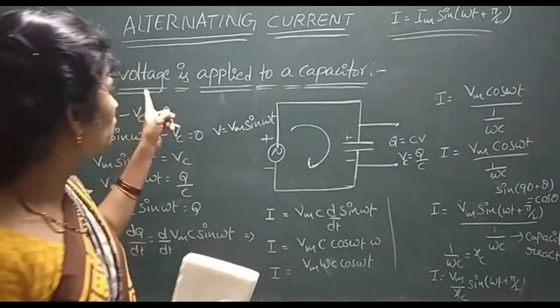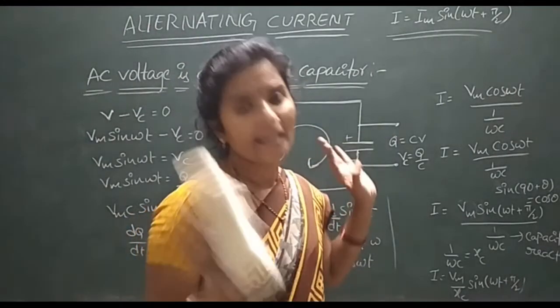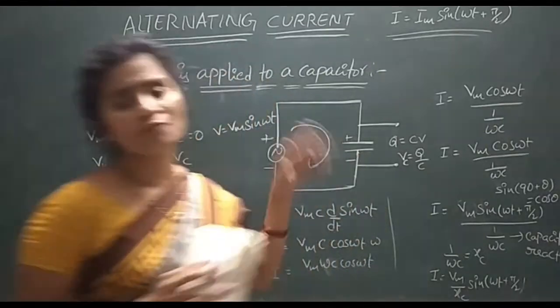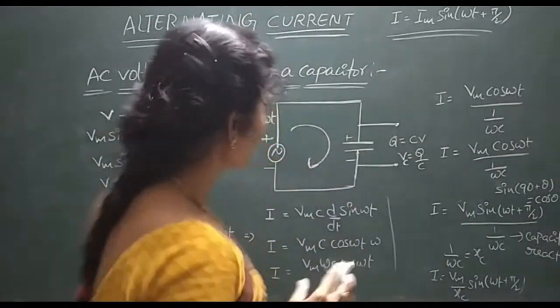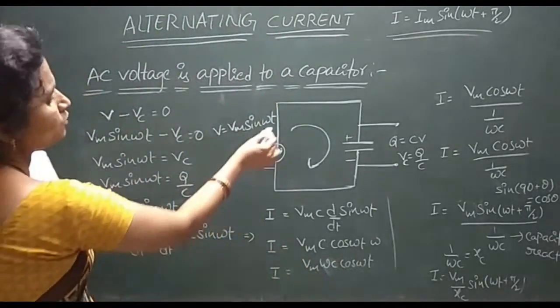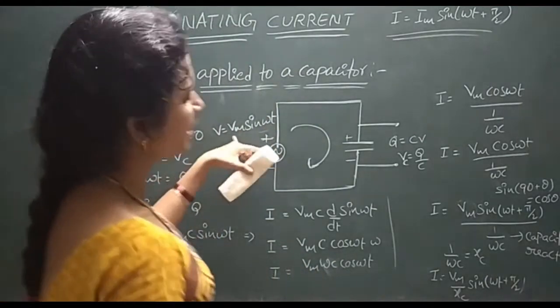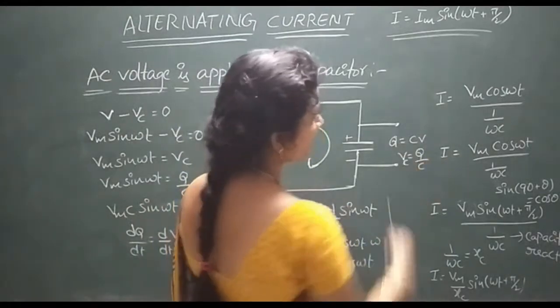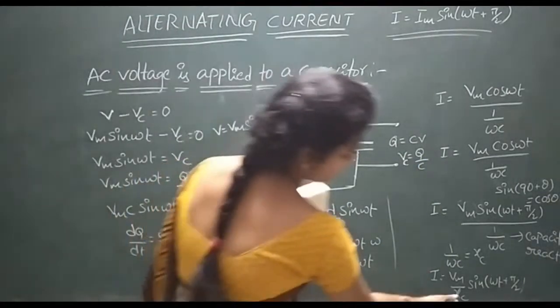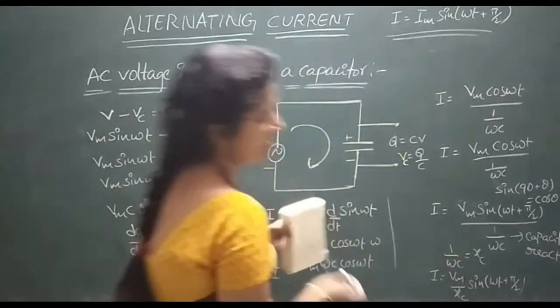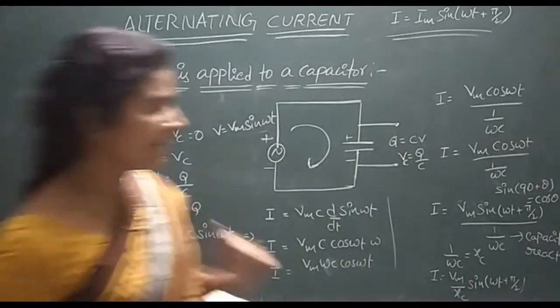Whenever an AC voltage is applied to an inductor, what will happen? The voltage is V equal to Vm sin omega t and the current is Vm by XL sin of omega t minus pi by 2.